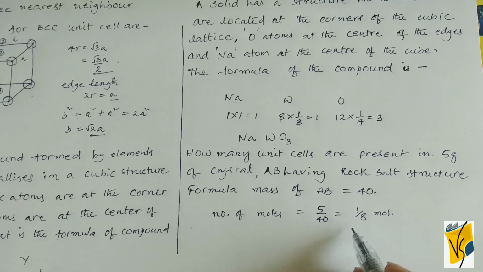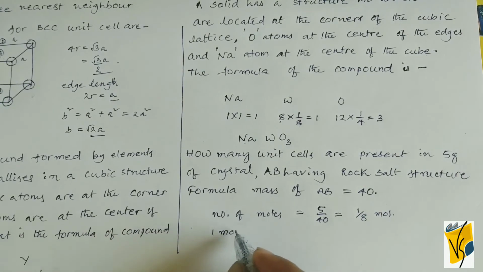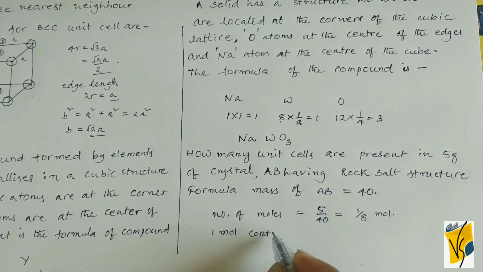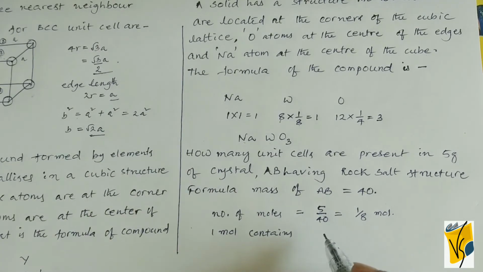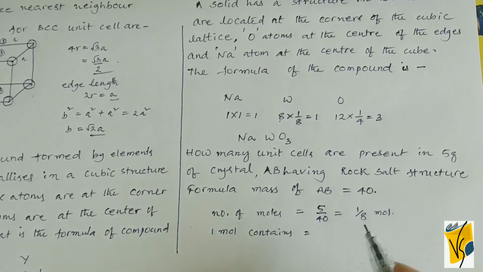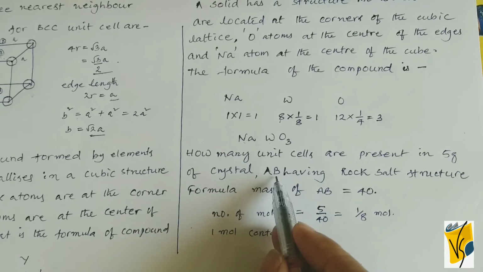And now we know 1 mole contains Avogadro number of ionic pairs. Okay, because this is an ionic compound having the formula AB, right?